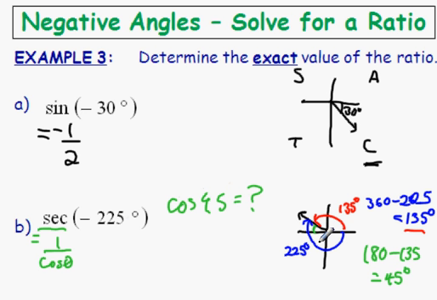Once we know the ratio for cos 45 using special triangles, we can write the reciprocal of it using secant, and we can figure out if it's positive or negative using the CAST rule. So cos 45 using special triangles is going to be 1 over root 2. So cos 45 equals 1 over root 2.